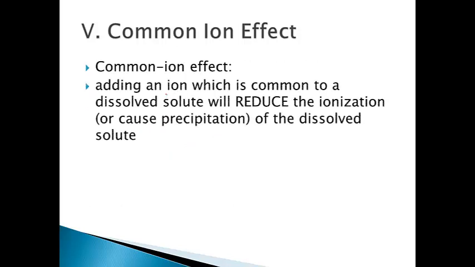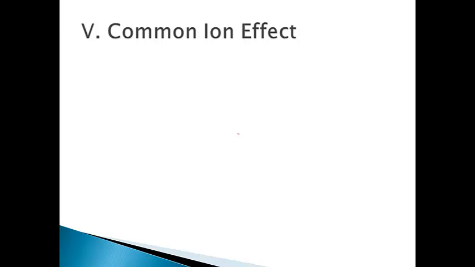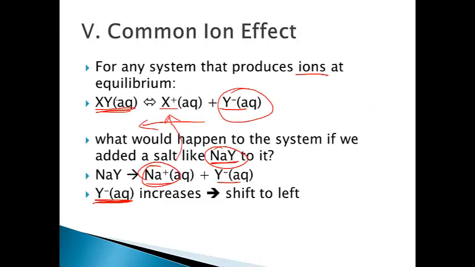If you add an ion, it reduces the amount of ionization that can take place, and it could cause precipitation if the solution was saturated. In other words, when you shift it to the left, we get more of this stuff that is put together and less of the X plus.